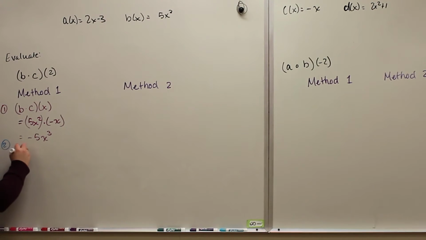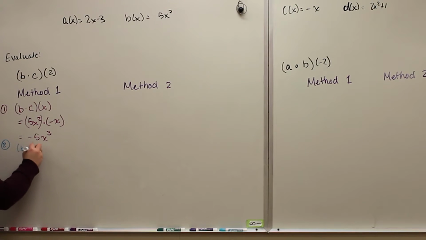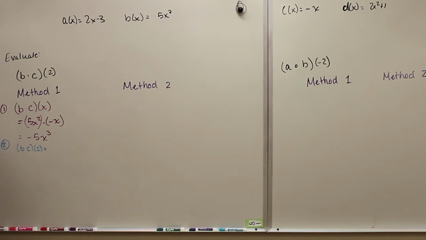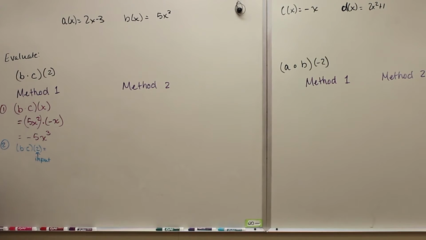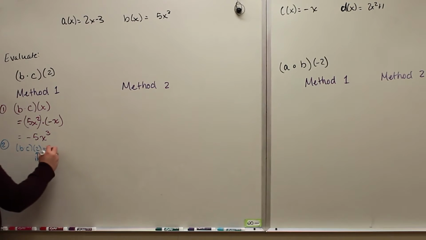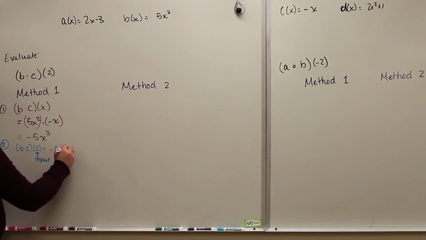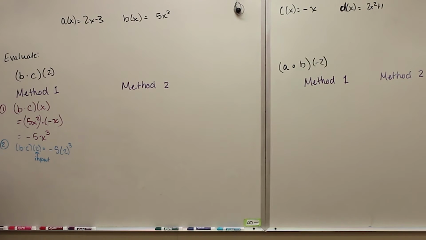So now I'm going to find b times c of 2. This is my input. I'm going to plug it into my brand new function, so I end up with negative 5 times 2 cubed.